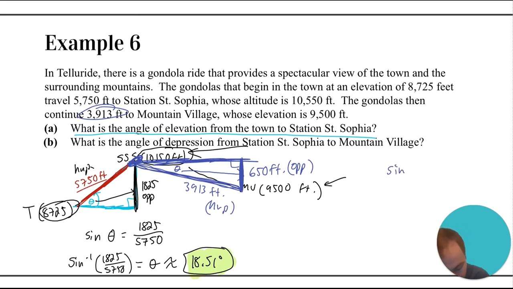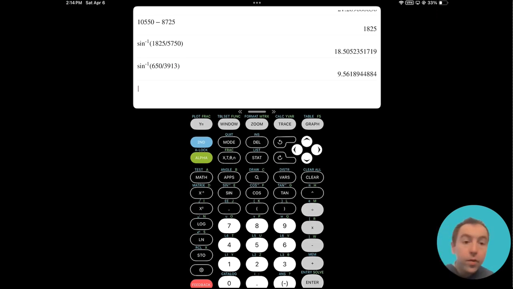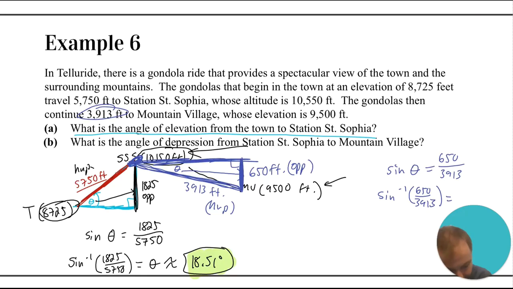So the sine of whatever that angle of depression is would be 650 feet divided by 3,913 feet. So sine inverse of the ratio will let us determine what that angle is going to be. Oh, I had that extra plus sign in right there. Okay, there we go. So about 9.56 degrees.